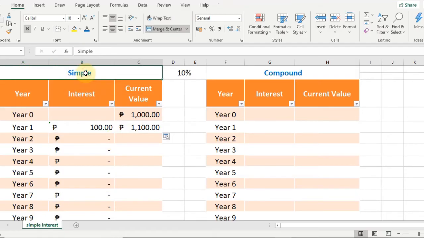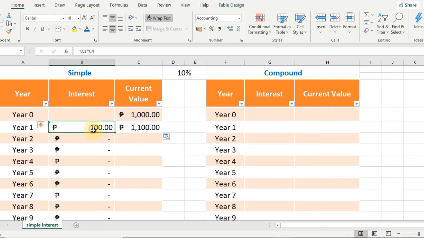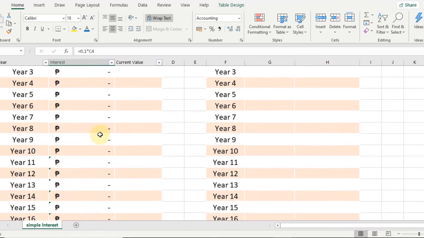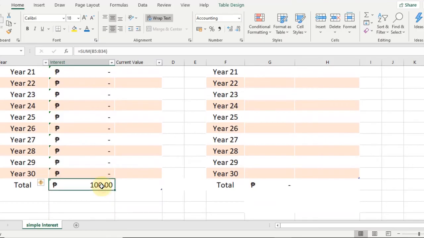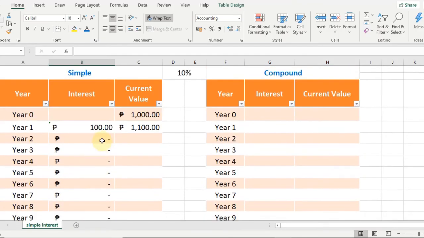Since we are talking about simple interest, I only get interest on my principal amount or the original amount invested, this one, 1,000. So that means for all of these years, let's say I will keep my money there for 30 years, my interest every year is always equal to 100 pesos.